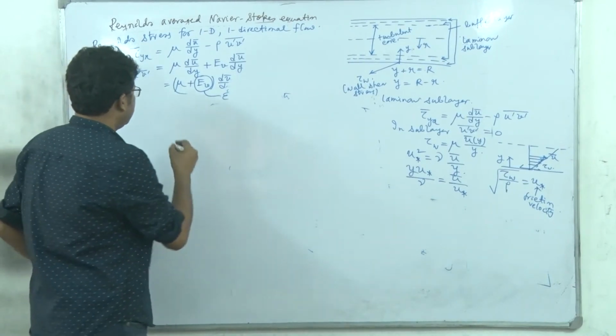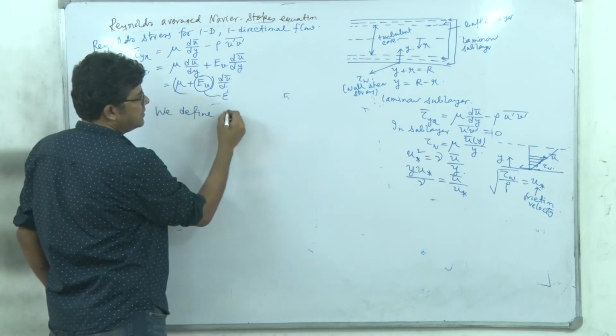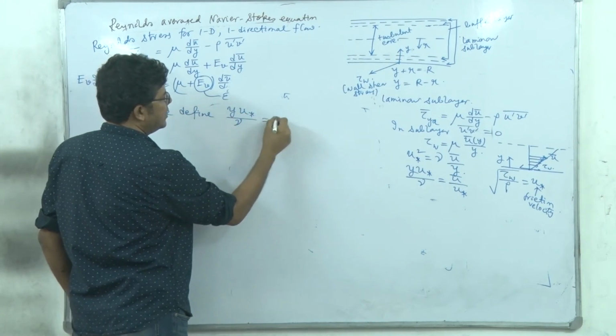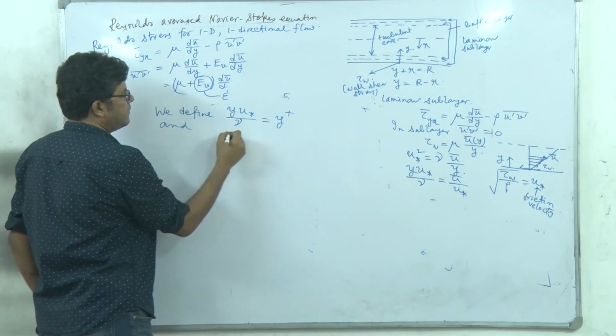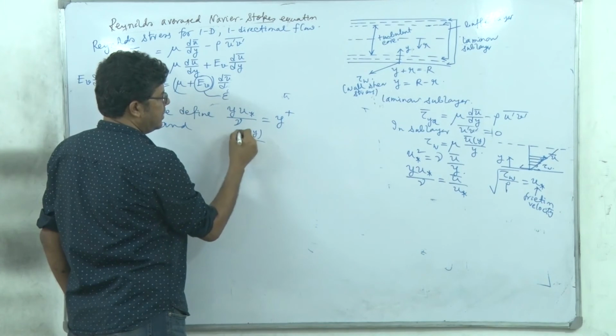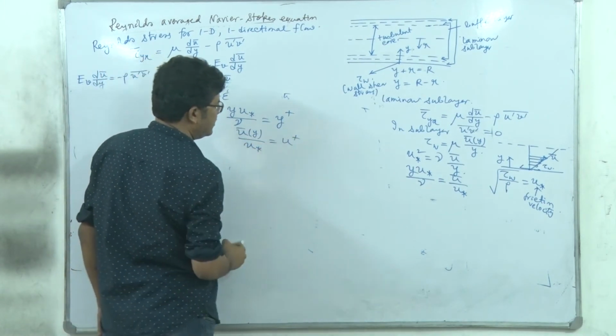So we define this dimensionless distance y into u star divided by nu as y plus, and u local, or u bar, divided by u star as u plus, right?